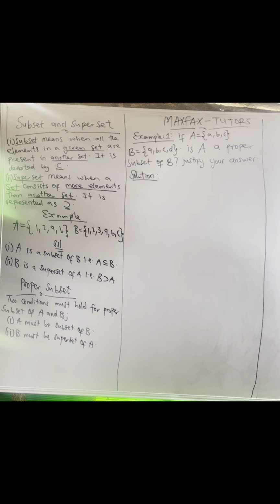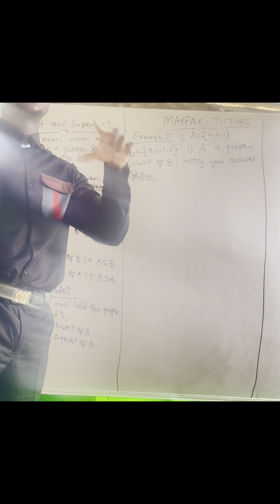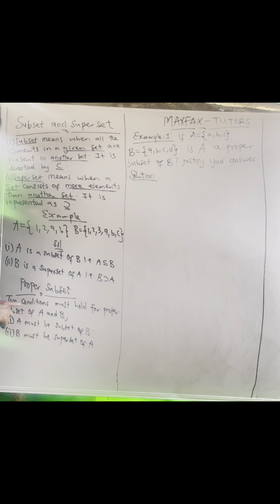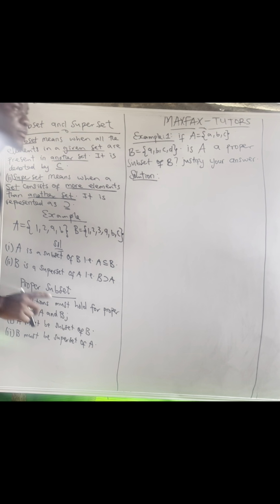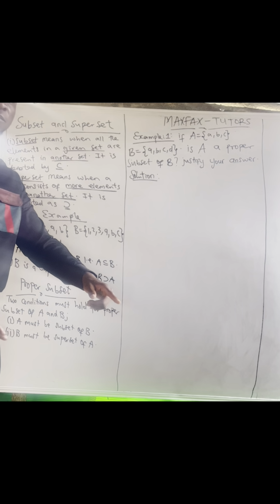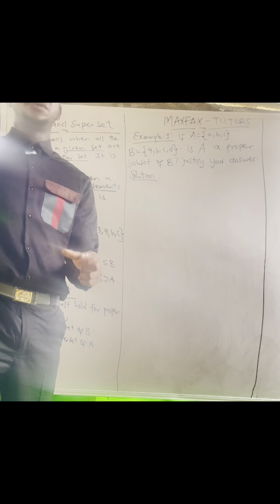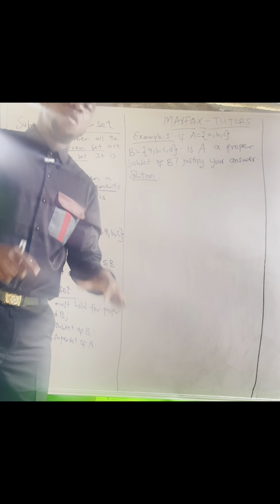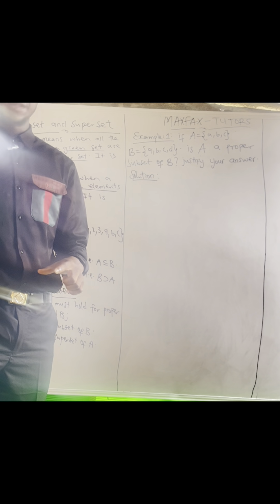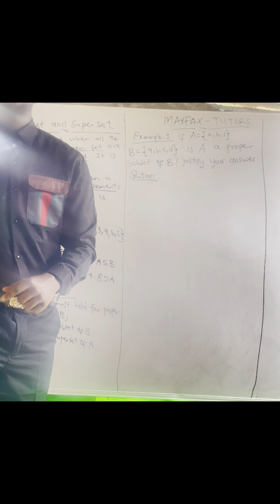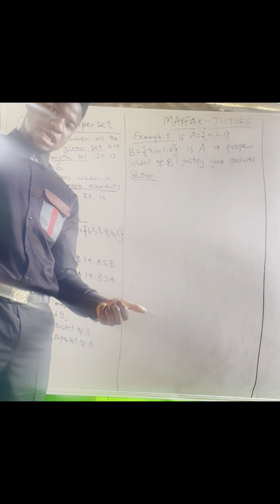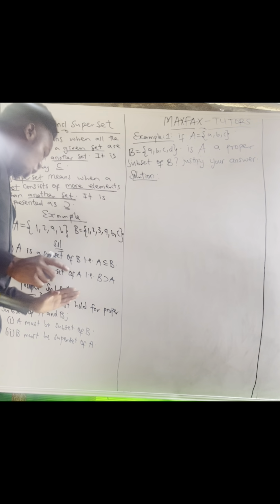Let's say we want to talk about the proper subset of sets A and B. The first condition is that for set A to be a proper subset of set B, set A must be a subset of B. The second is that set B must be a superset of A. Do you get that?